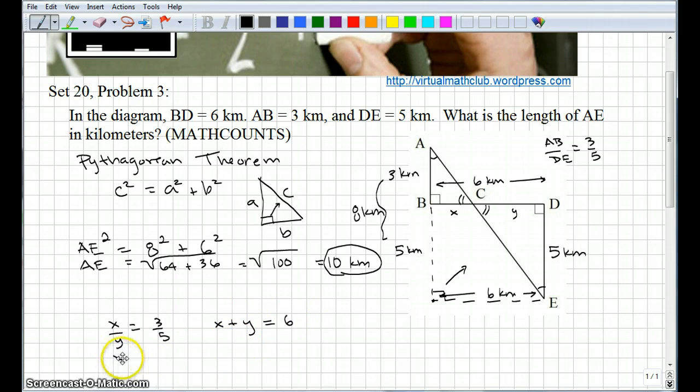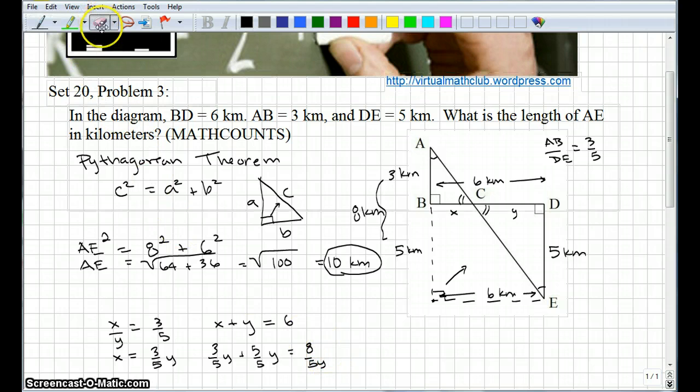So we could write x as 3/5 y and substitute that in: 3/5 y plus 5/5 y equals 8/5 y, and that should be equal to 6.